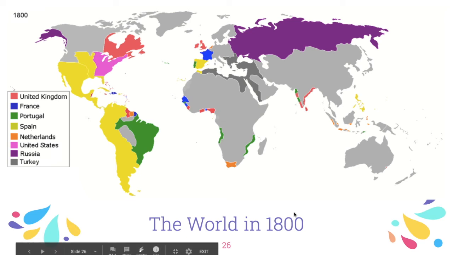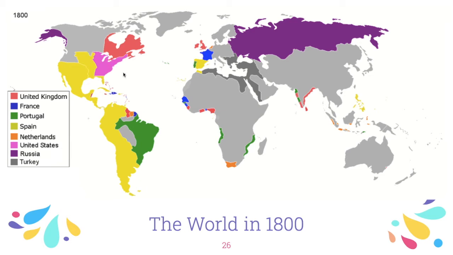So this is just showing you one map in the year 1800, and this is just one example from one year, but it's showing you the extent of some of these major colonial powers from Europe, such as the United Kingdom or France or Spain or Portugal, the UK being in red, the French Empire being in blue, Spanish in yellow, and Portuguese in green.